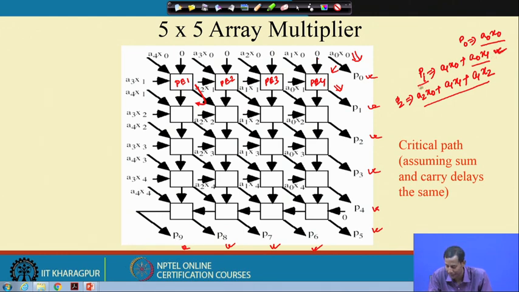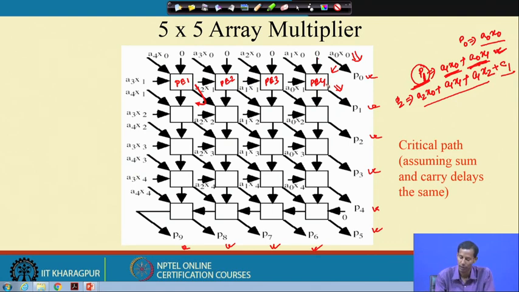While I am computing this P1, at that time the sum bit is basically the P1, but the carry which is produced because of this particular addition operation will come over here.